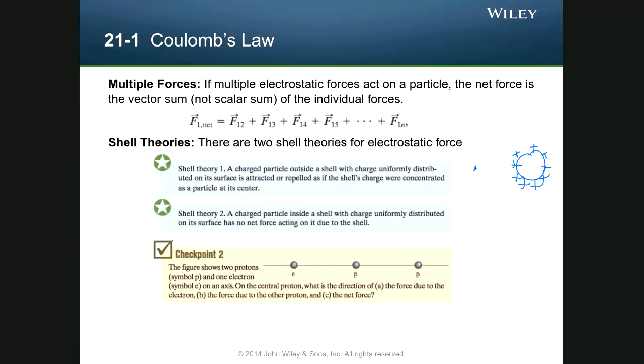But basically what this says is that here's our charged particle, outside of this shell. I need to keep toggling between the pointer and the pencil. So I put all these positive charges out here.